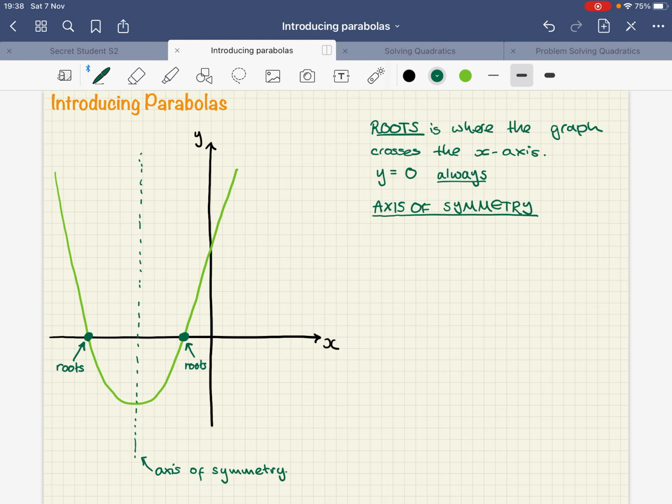So for our equation, it is always going to be x equals, and then it's whatever value the x coordinate is in between our roots. So we find our axis of symmetry by finding the x value in between the roots.